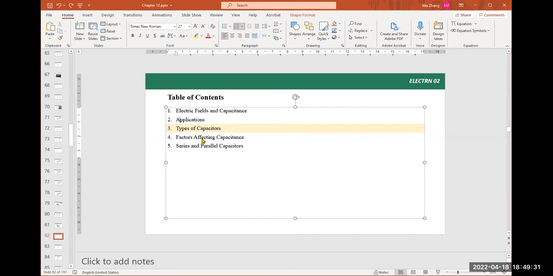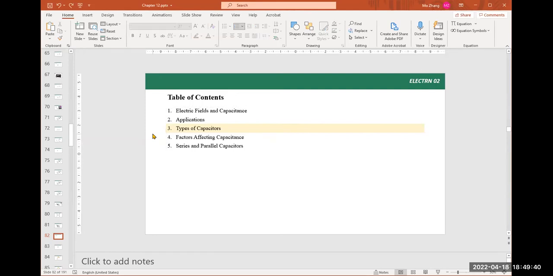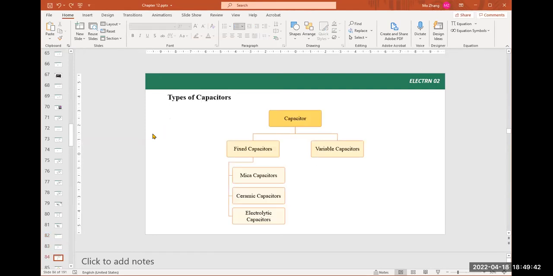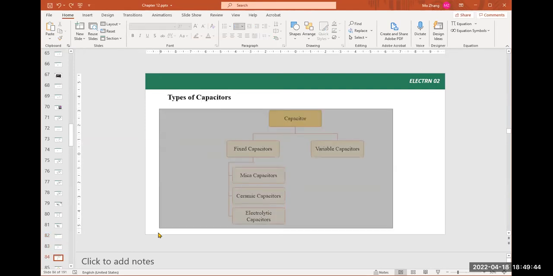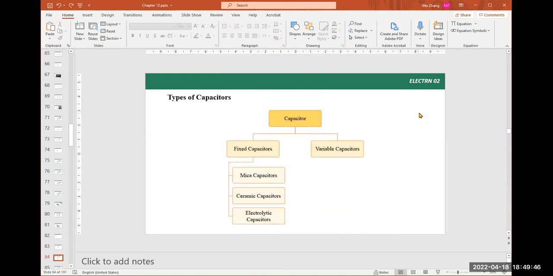Okay, let's move to section 3. Section 3 shows different types of capacitors. Here, this hierarchy, like a tree figure, shows the different categories and subcategories of capacitors.